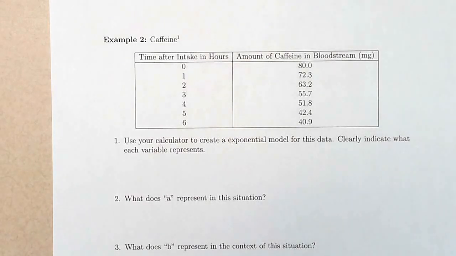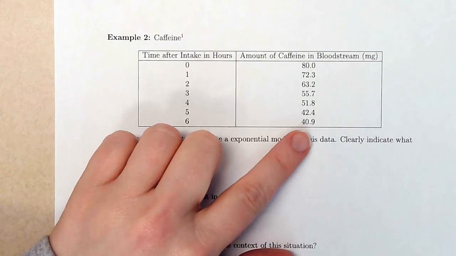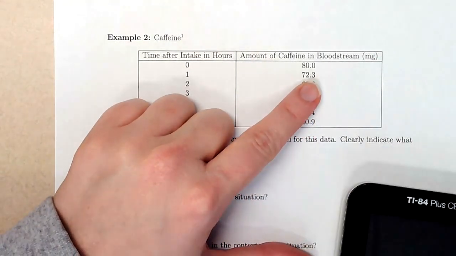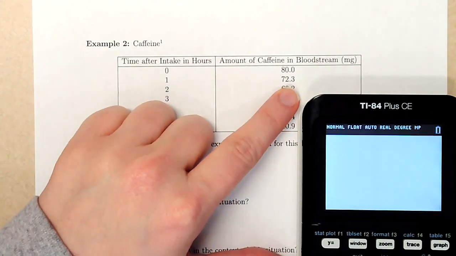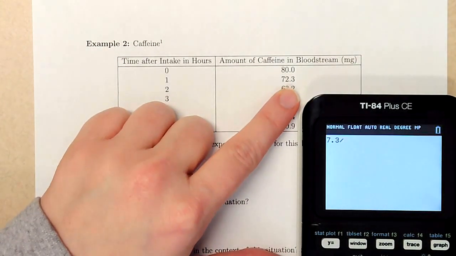You take it in and burn it out. So you've taken some caffeine and it's in your bloodstream, and then your body is metabolizing it. And so it's not perfect data. My guess is that the ratio between each level is not perfectly the same.